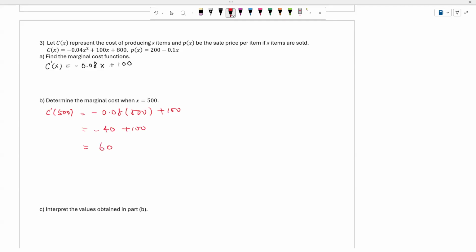Now I would like you to think about what is the unit of C prime of 500, meaning the unit of the 60. Yes, you're right. It should be $60 per item. Now, what does this mean?